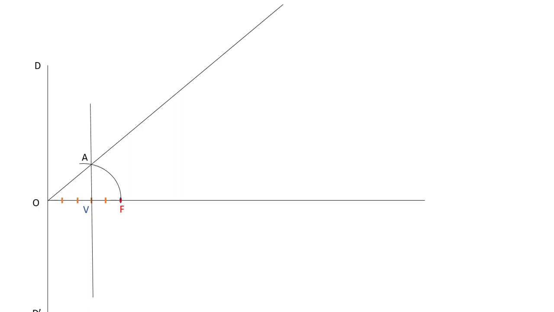After that, we will draw a line inclined at an angle of 45 degrees with the horizontal from the focus, and that line will intersect line OA, and we will call that point of intersection B. After that, we will draw a vertical line passing through B and intersecting the axis of the ellipse, and that point of intersection gives us another vertex of the ellipse, and we will call it V dash.